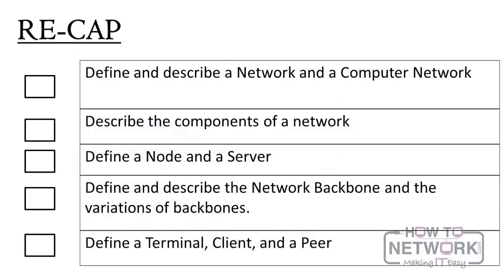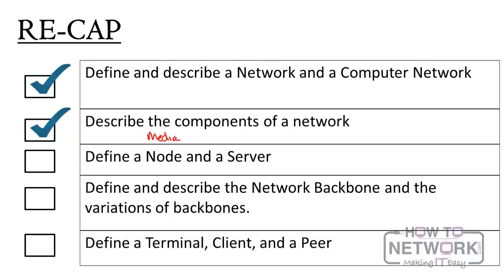All right. So, just to recap what we've talked about, we defined what a network is and how that's different slightly from a computer network, which is really what the Network Plus exam covers. We described the components of the network: the adapter, the network operating system, the devices, the media. Let's go ahead and write those.